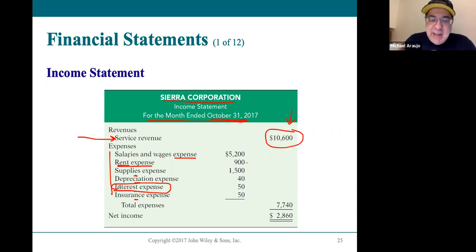And so any amount of money that is interest on a loan that falls into a specific month can be expensed for that month. Okay, and I will show you how that works as well when we get to the balance sheet, because all of these supplies, depreciation, interest, and insurance expenses are all related to information that we'll see on the balance sheet.